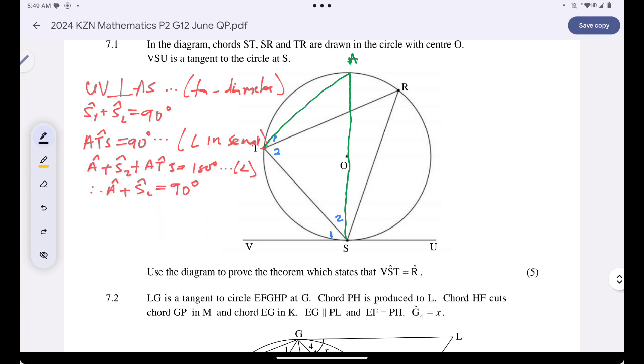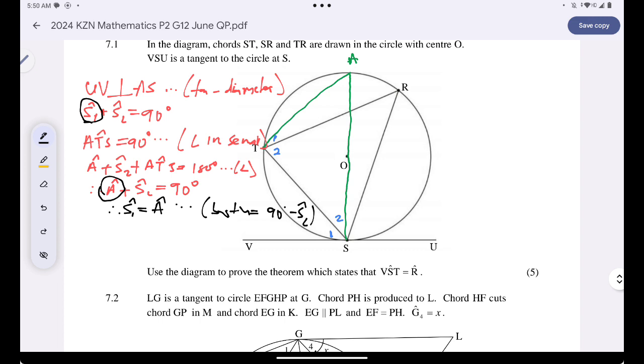Even here I have another angle plus S2 equal to 90. Simply means that angle S1 and angle A are equal. I can write that both of them are equal to 90 minus S2.